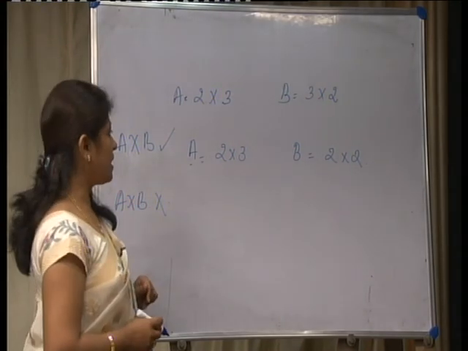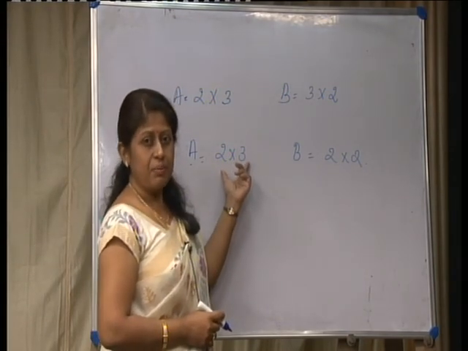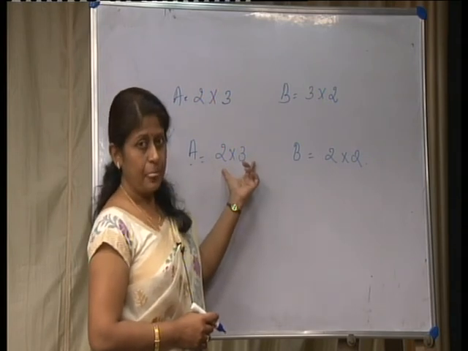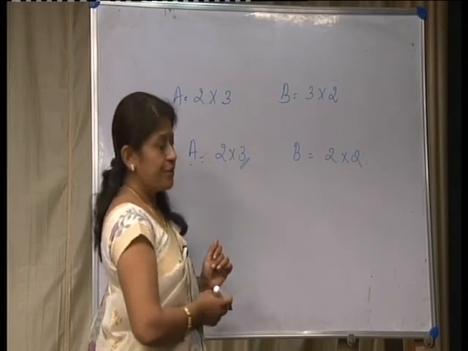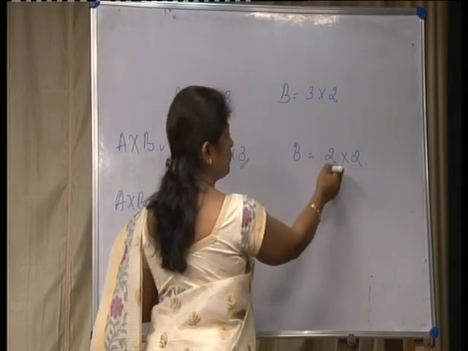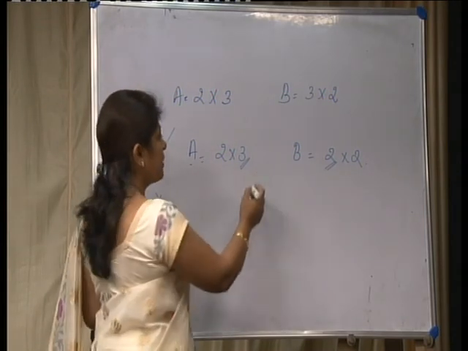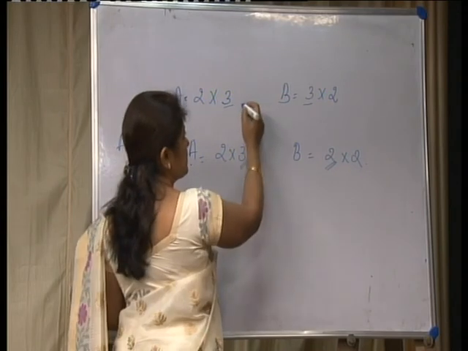That is to say that the two matrices must be conformable for the multiplication to happen. So what is this matrix conformity? The number of columns of the first matrix should be equal to the number of rows of the second matrix. Here we had earlier 3 and 3, which was the same.